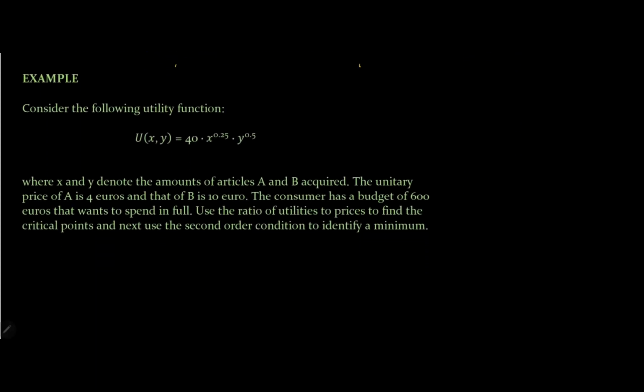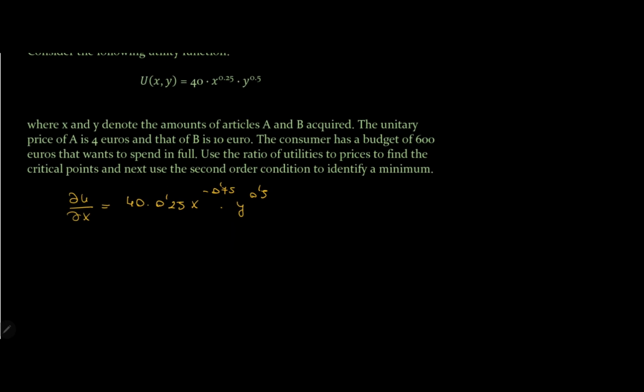So we have this example for maximizing utility, and we have a budget of 600 euros and prices 5 and 10 respectively for A and B. So if we write the principle, the ratio of utility to prices, then we have the partial derivative of utility according to x is 40 times 0.25 x raised to the power minus 0.75 times y raised to the power 0.5, and then we have the partial according to y equals 40 x raised to the power 0.25 times 0.5 times y raised to the power of minus 0.5.